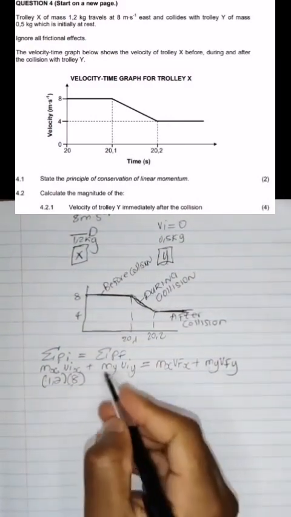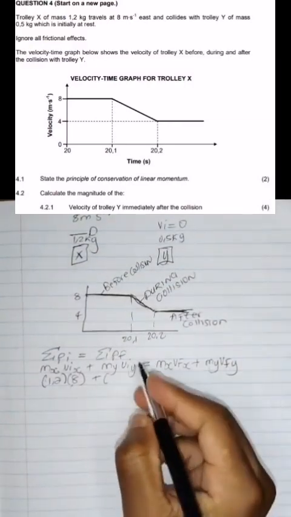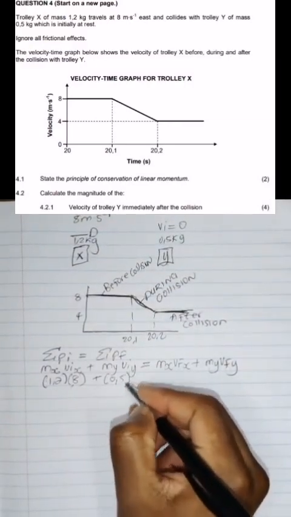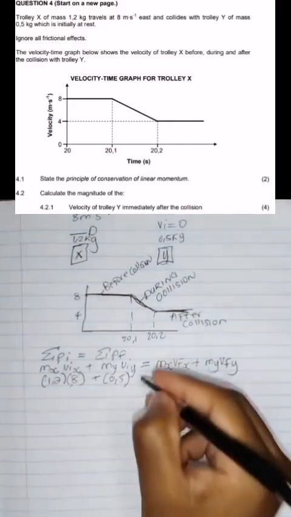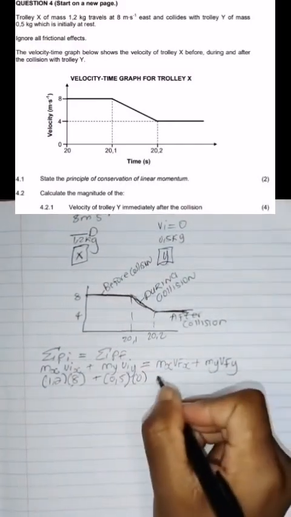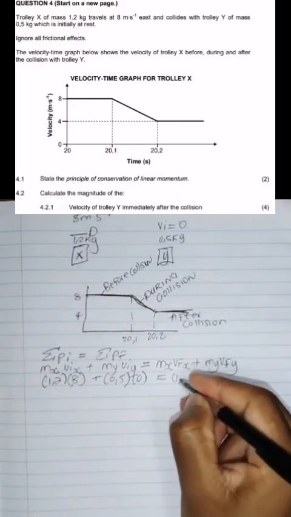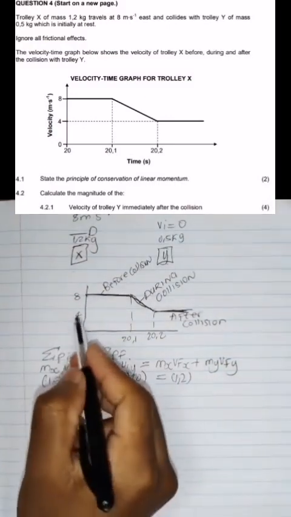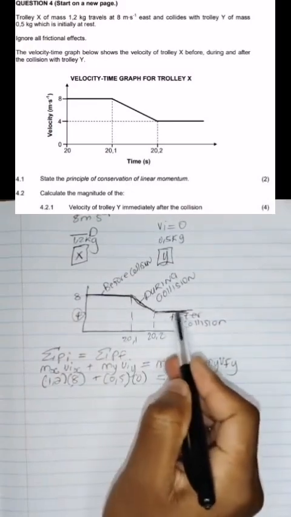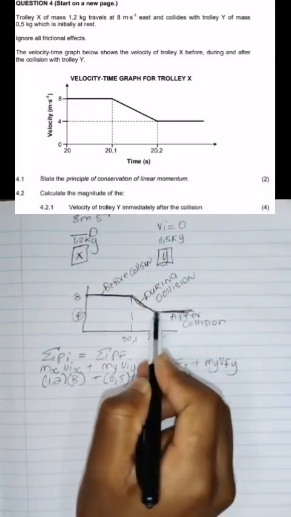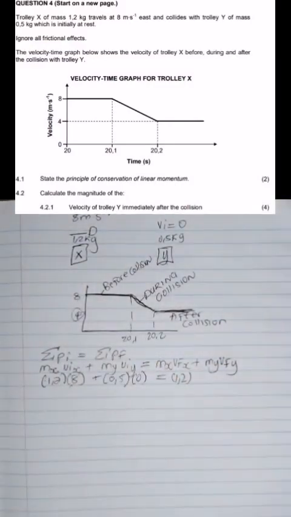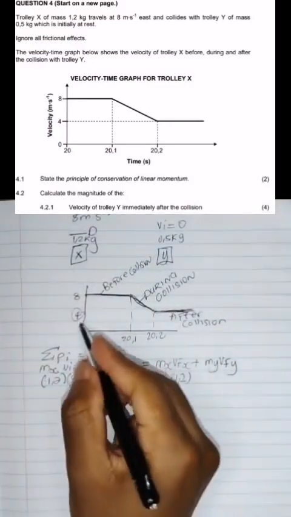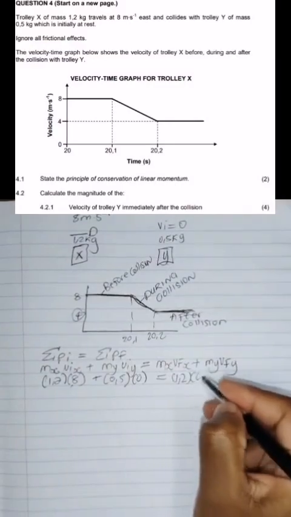Plus mass of Y is 0.5, and the initial velocity of Y was 0. It equals mass of X, 1.2, times the final velocity of X after collision, which is 4. You can see the line on the graph indicates that the final velocity of X after collision is 4. This one was initial, as you can see on our straight line.